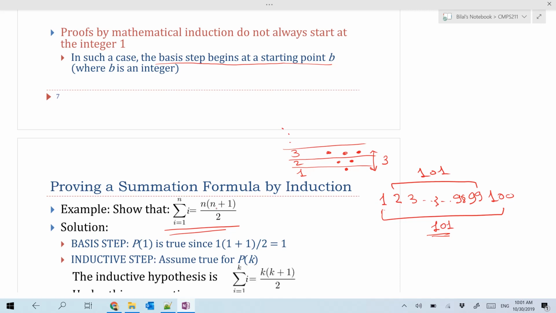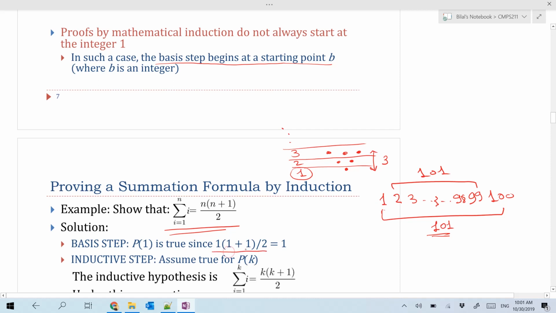So in fact, if we consider the summation of all the integers up to 1, I mean only 1 and nothing else, the answer must be 1. We know it. But let's apply it to the rule here. So if n is equal to 1, this formula, or arithmetic expression, can be evaluated as follows. It's 1 times 1 plus 1 over 2.